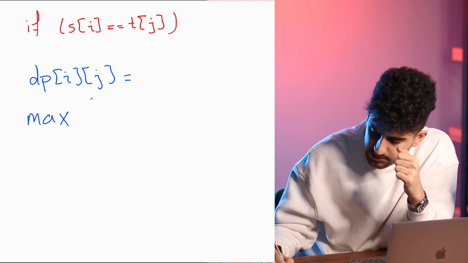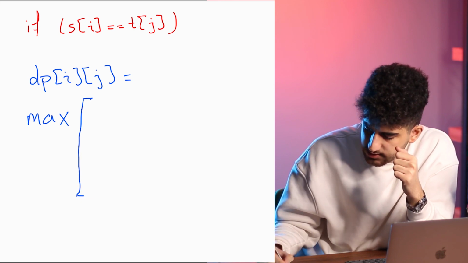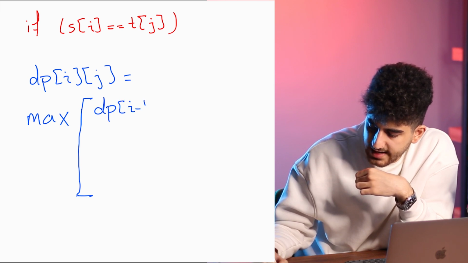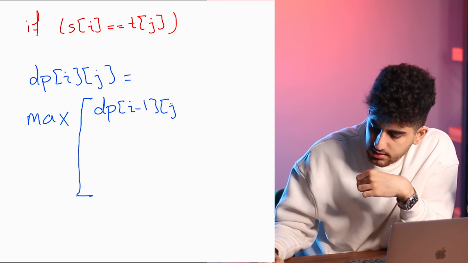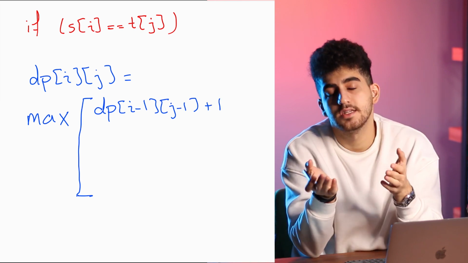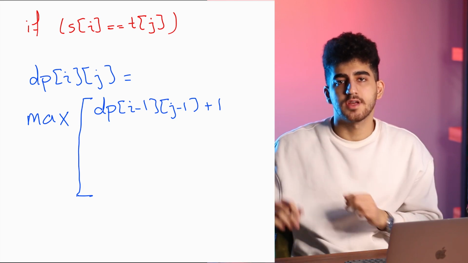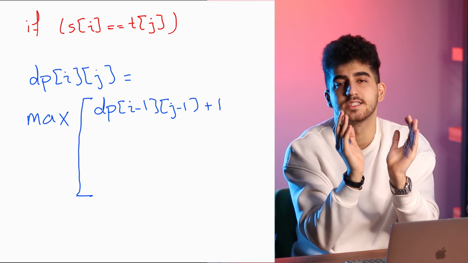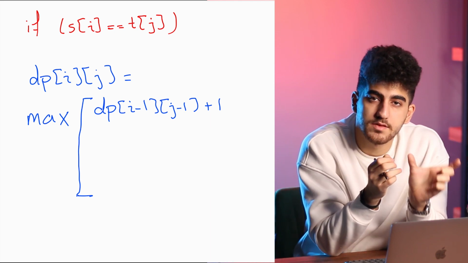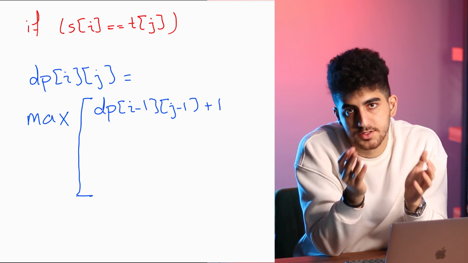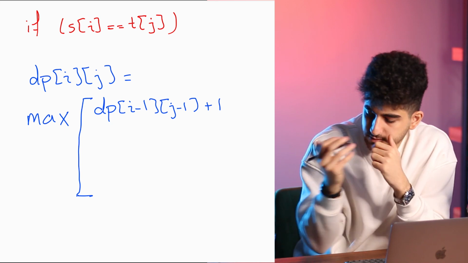The first one of them is dp of I minus 1 and j minus 1 plus 1. Why is that? It is the case that we match S of I and T of J, and we remove these two characters and recursively find the answer for the I minus 1 first letters of S and j minus 1 first letters of T. So this is one of the cases that I have.